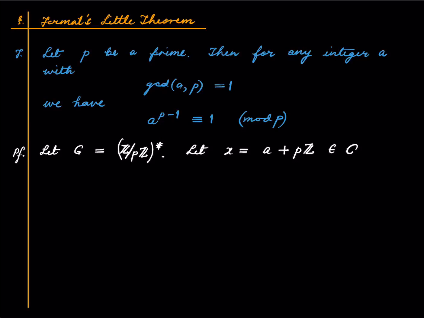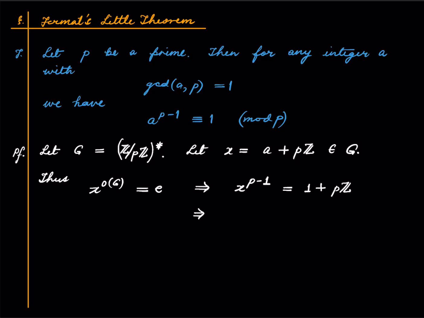This is an element of G, because A is relatively prime to P. So we have that. And thus, X to the order of G is the identity element of G, which implies X to the P minus 1. What is the order of G? The order of G is P minus 1. This is equal to the identity element of G, which is that, right?